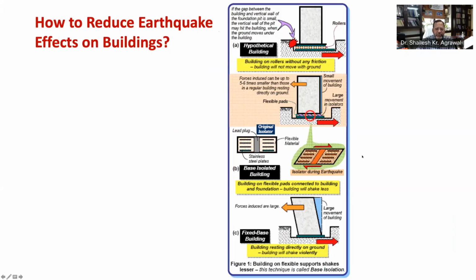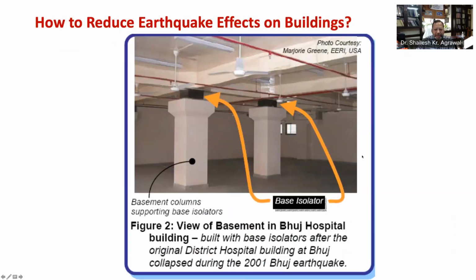Let me explain now base isolation in real buildings through this figure. After the 2001 Bhuj earthquake, the four-story Bhuj hospital building was built with base isolation technique, as you can see here. Seismic isolation is a relatively recent and still evolving technology. It has been in increased use since the 1980s and is being evaluated and reviewed internationally.